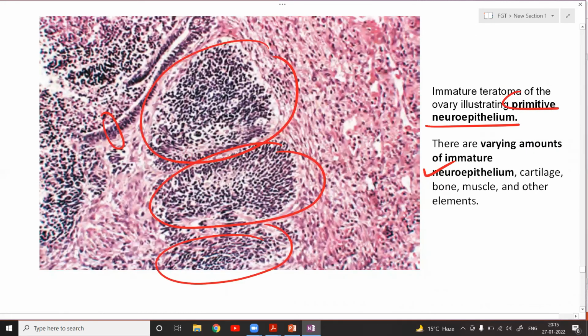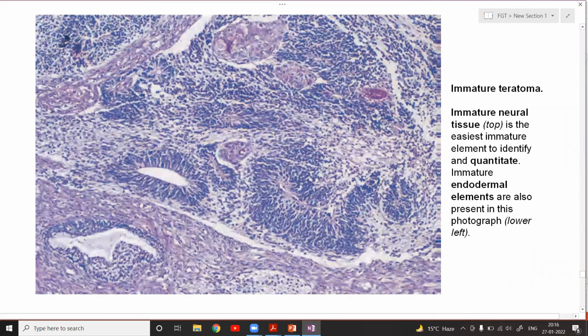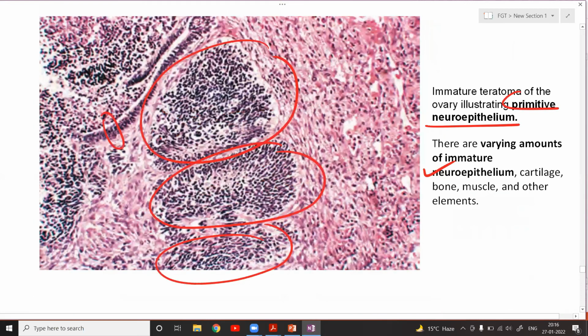They are present just in sheets, or they might be present in the form of immature tubules. See, this part, the cells are present in immature neural sheets, and over here they might also be present in the form of tubules, which we call immature tubules.